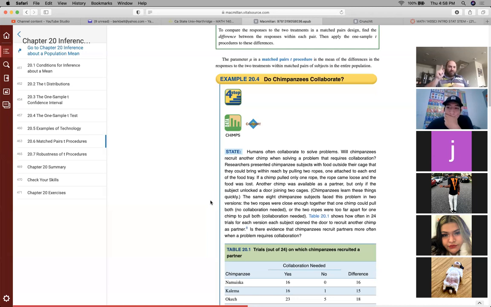The same 8 chimpanzee subjects faced this problem in 2 versions. The 2 ropes were close enough together that one chimp could pull both, no collaboration needed. Or the 2 ropes were too far apart for one chimp to pull both, collaboration needed.